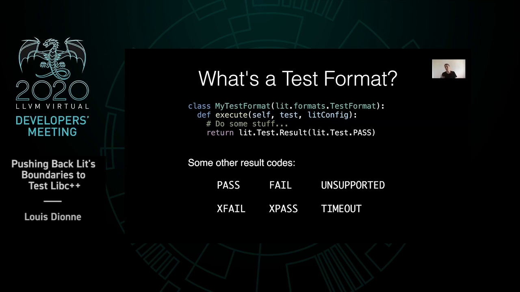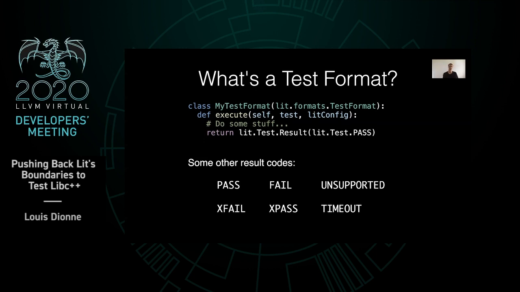And then your test format should basically return a test result code. So there's a few test result codes like, for passing, failing. If a test is not supported, for example, you could have a test that is not supported in a given environment or on a given system.